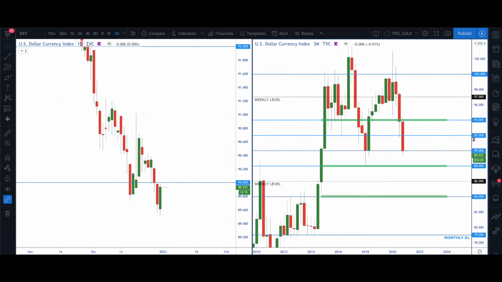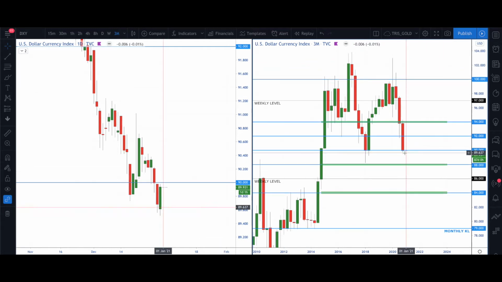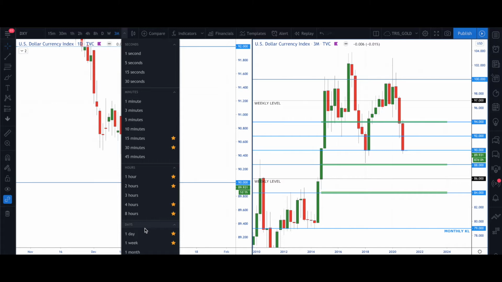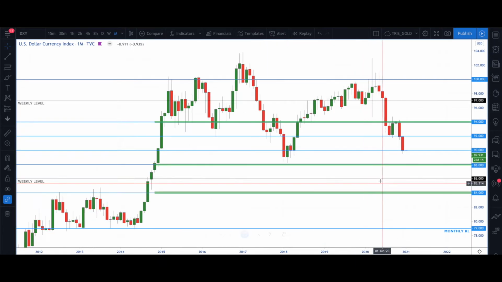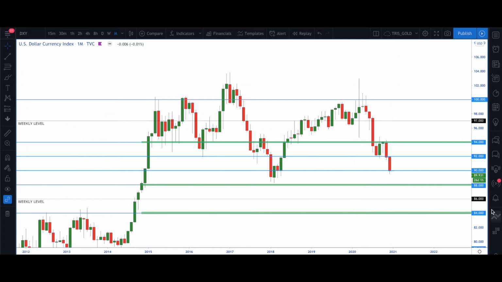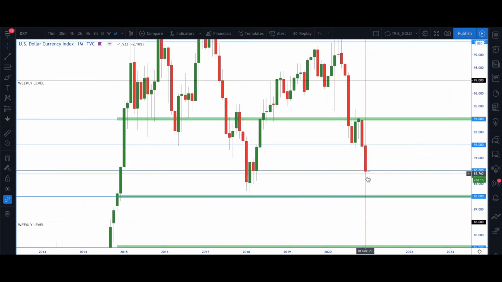So if we understand the big picture, understand where price is right now, then we can drop down into the lower time frames, such as the monthly, the weekly, and the daily, to understand what's actually going on here. So if I go to the monthly on the right hand side, and I'll just expand this, you can see on the monthly, price is actually stalling here.